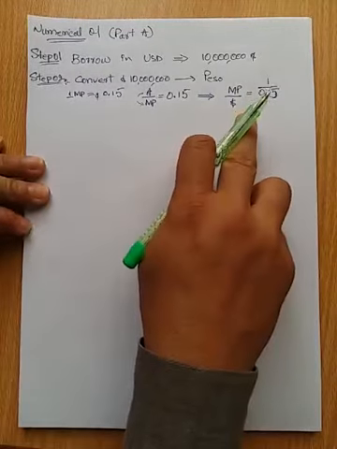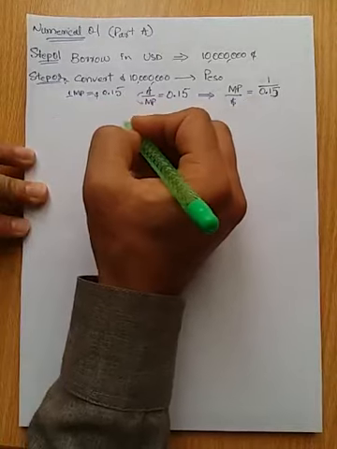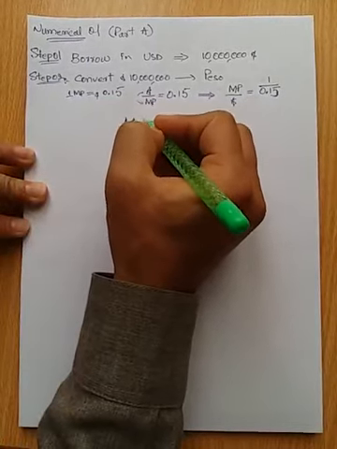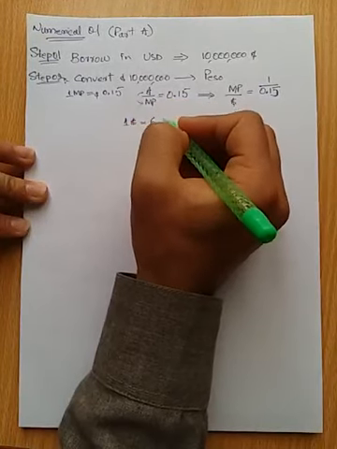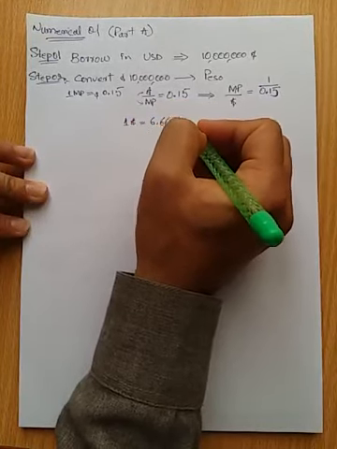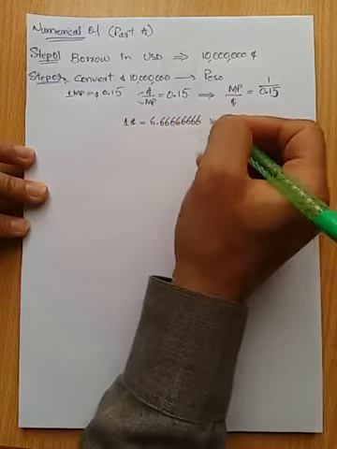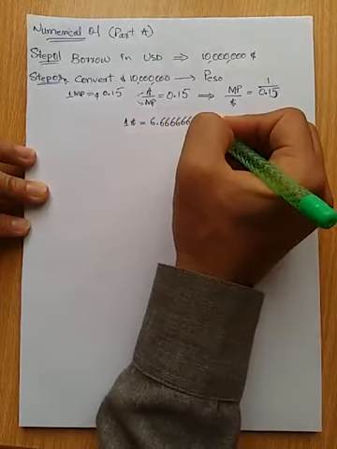Okay, when you do the division, the overall exchange rate would become $1 is equal to 6.666666, and it will continue. So I will just put a rounded figure, 7, here.